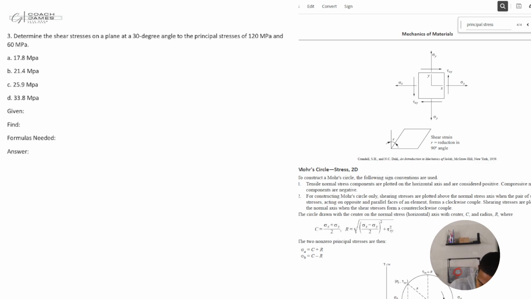All right, so given we have a 30-degree angle to the principal stresses, and we have principal stresses. What are we trying to find? We're trying to find the shear stress.